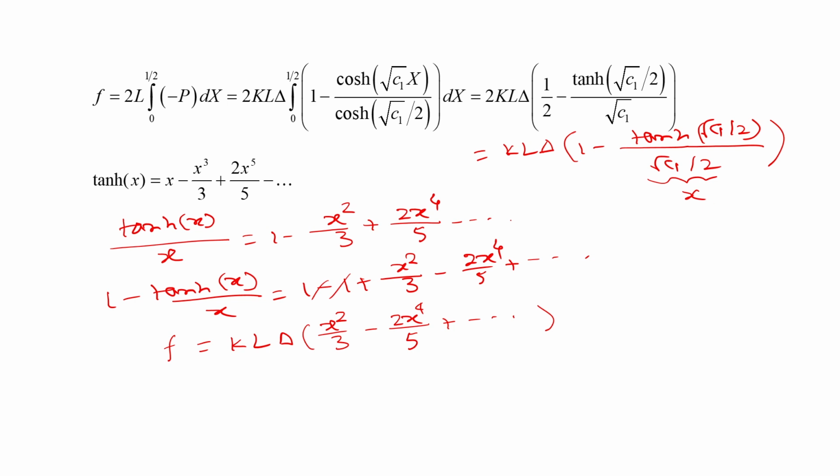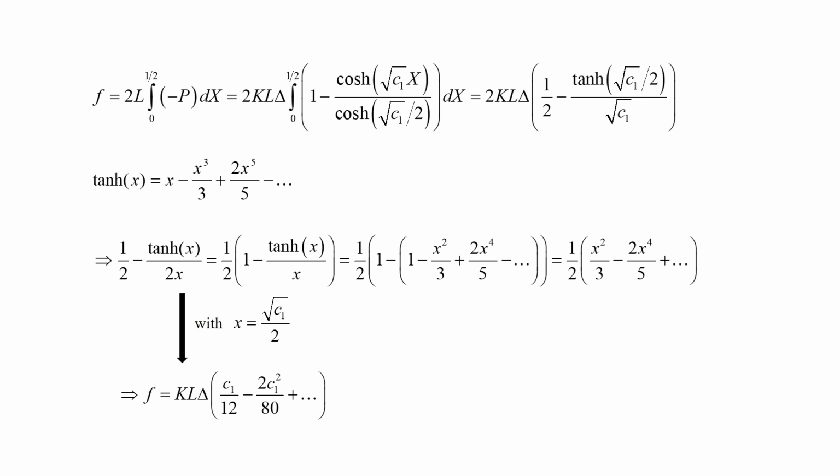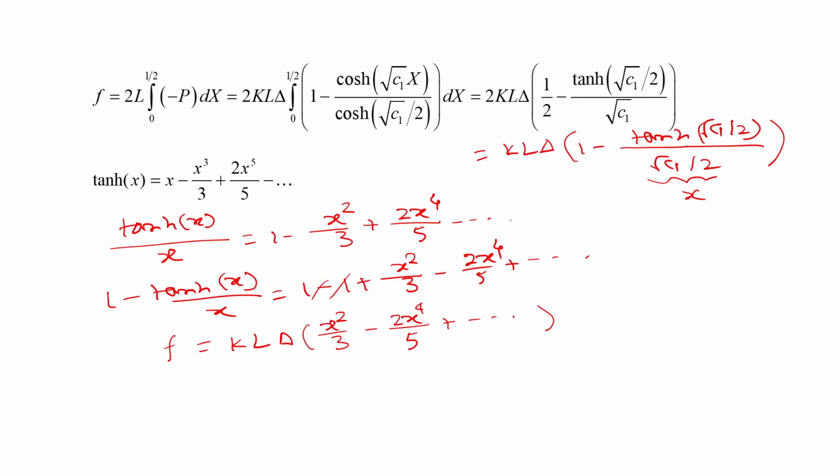So, what is the expression for C1? We derived that in the last lecture. C1 will come out to be too small, in the sense that we can neglect these higher order terms. So, in essence we have k l delta, and these are higher order terms which we will neglect, as they are negligible.